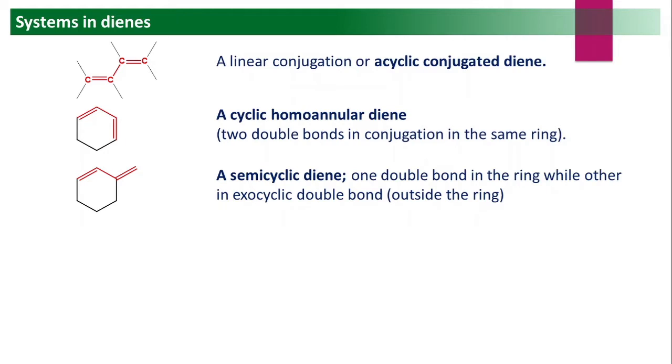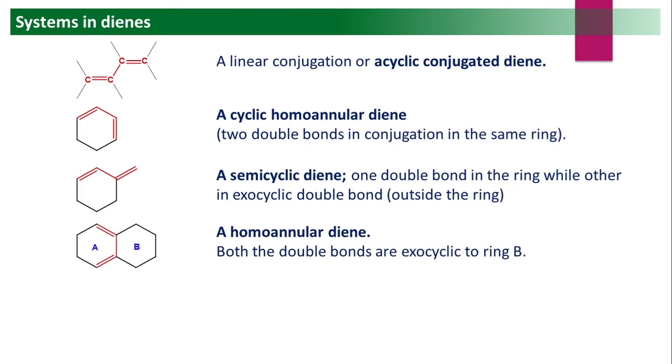See here, this double bond is there and this ring is there, so this carbon is shared. It is not enough for it to be anywhere outside the ring; it must be right on the ring, outside of the ring. This type of double bond is called an exocyclic double bond.